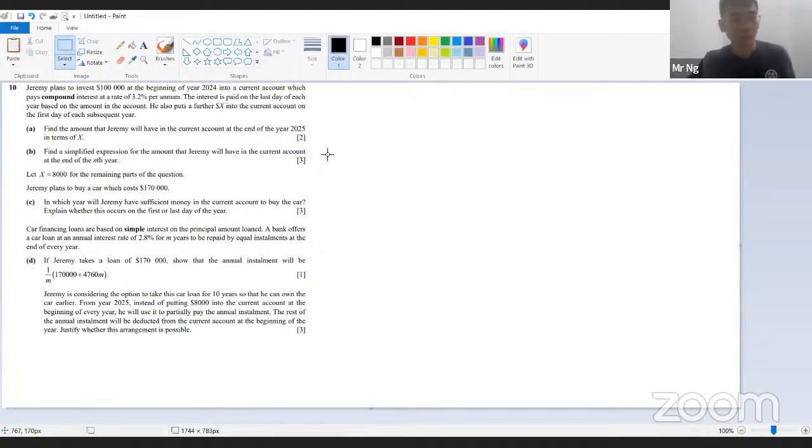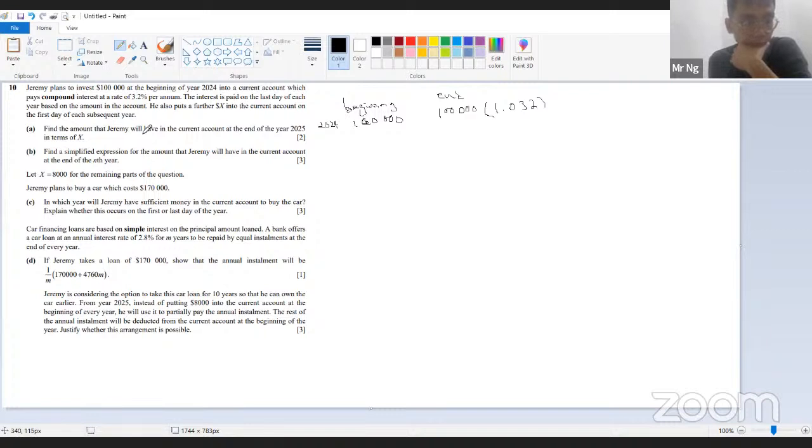Steady, steady. Okay, invest $1,000, which pays compound interest. So beginning 2024, initially is 100,000. After that is 100,000 times 1.032, which is one plus the ratio for the first year.